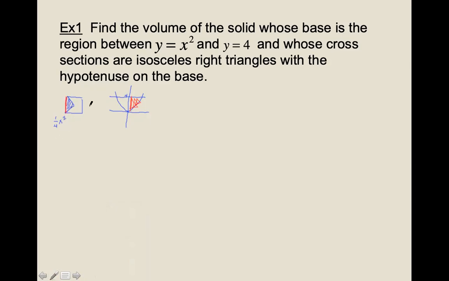All right. So that means that the area of one of these triangles is 1/4 times the side length. Well, the side length is this piece here, which in terms of our figure is the difference between these two curves.